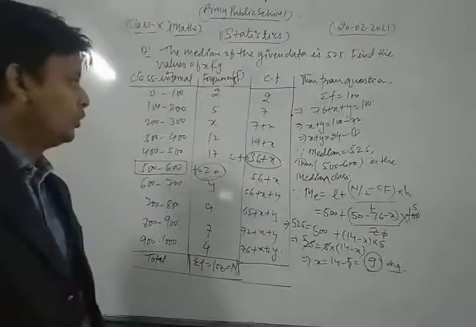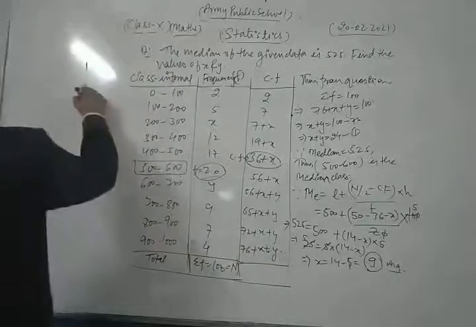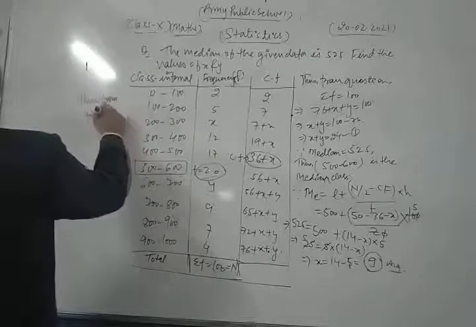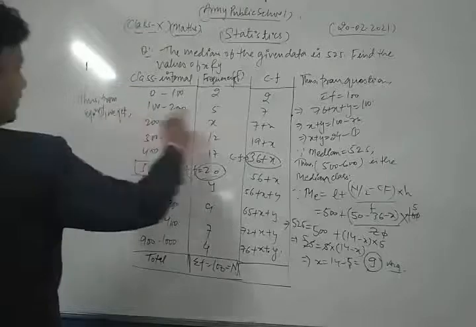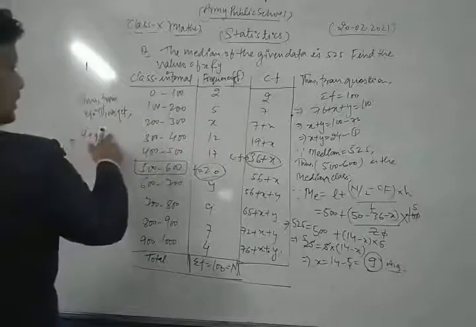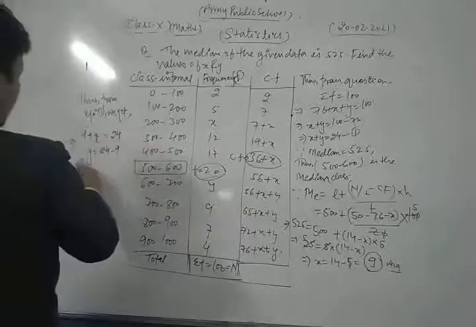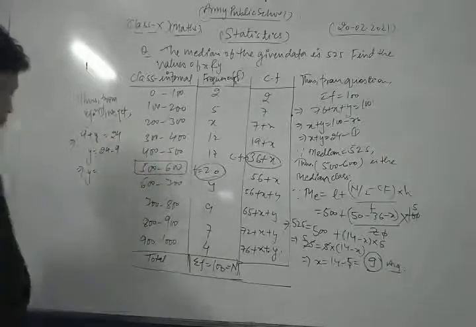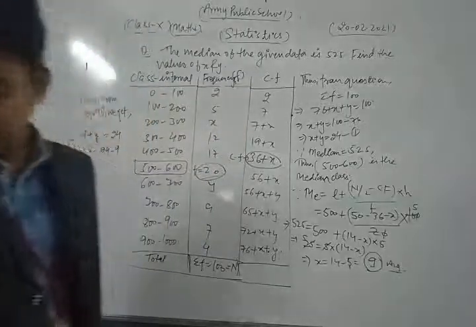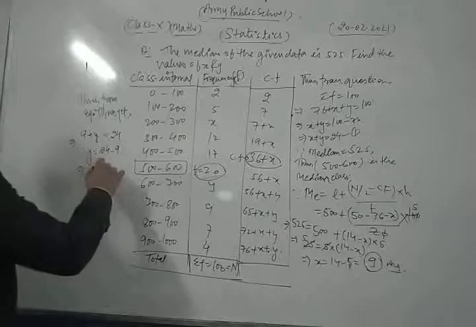Now what I do, from equation 1 we put the value of x as 9, so 9 plus y is equal to 24, that is y is equal to 24 minus 9, that is 15.